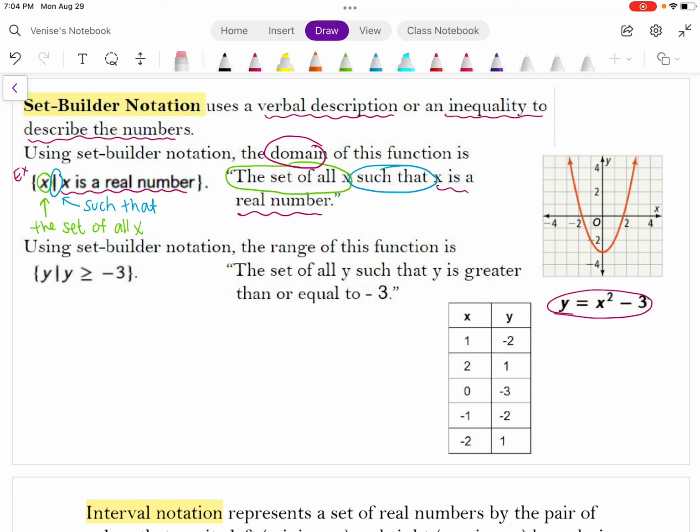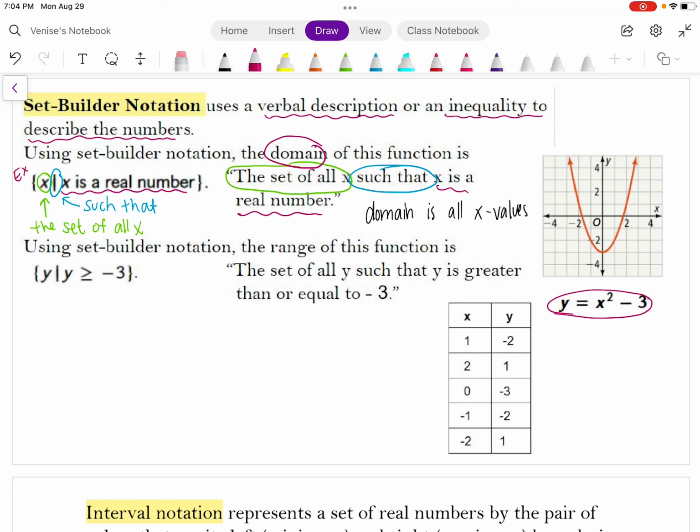Since we have both arrows pointing upwards, they are going further and further away from each other. Therefore, our domain is going to be all x values. This is what this statement is talking about.